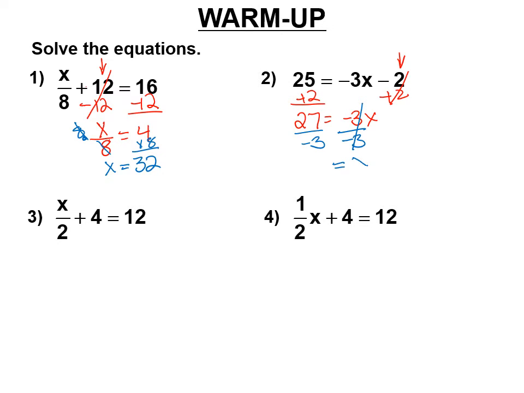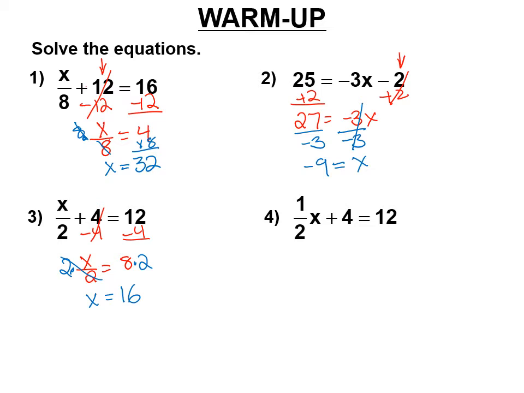So x will be equal to negative 9. 27 divided by negative 3. Number 3, we're subtracting 4 from both sides. X divided by 2 equals 12 minus 4, 8. X is being divided by 2, so we multiply by 2, both sides, and the only number that will make this equation true is 16.